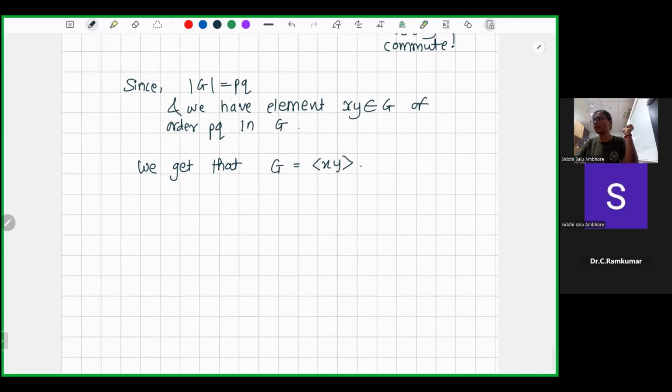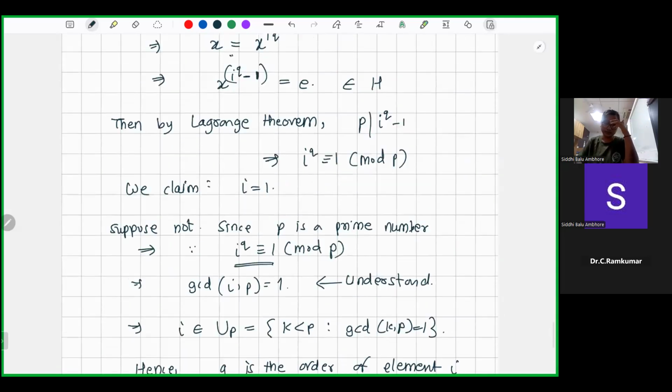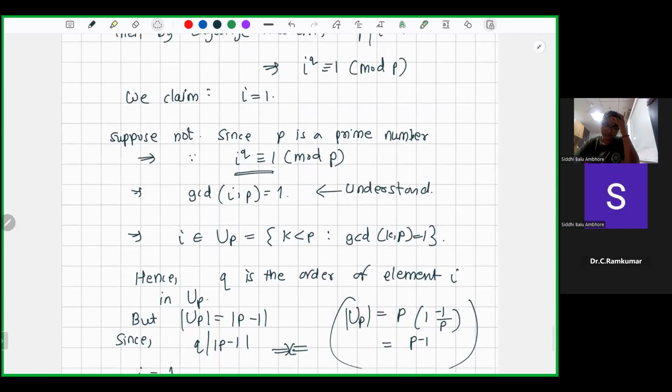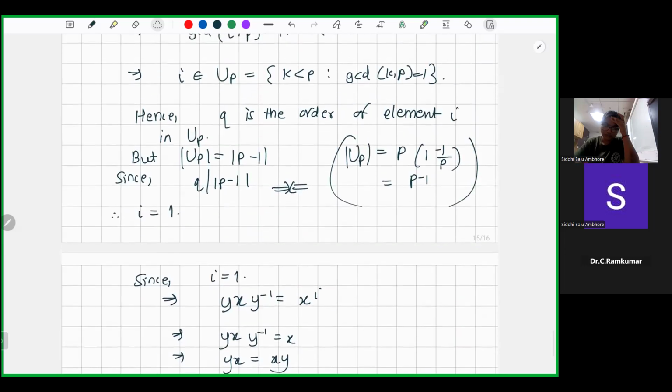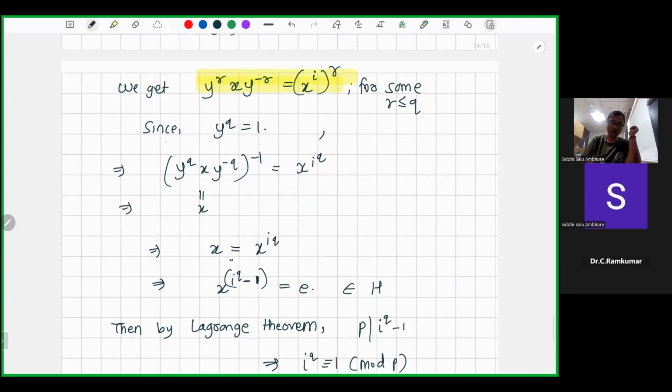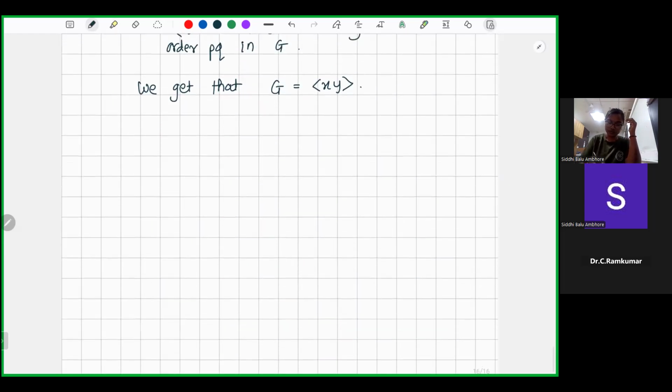So this is what we have so far. Now the only thing which we need to verify is this. Is this trivial? We have used it here when we raised y to a power, and here when we raised x to the power q. So let us try to check this.